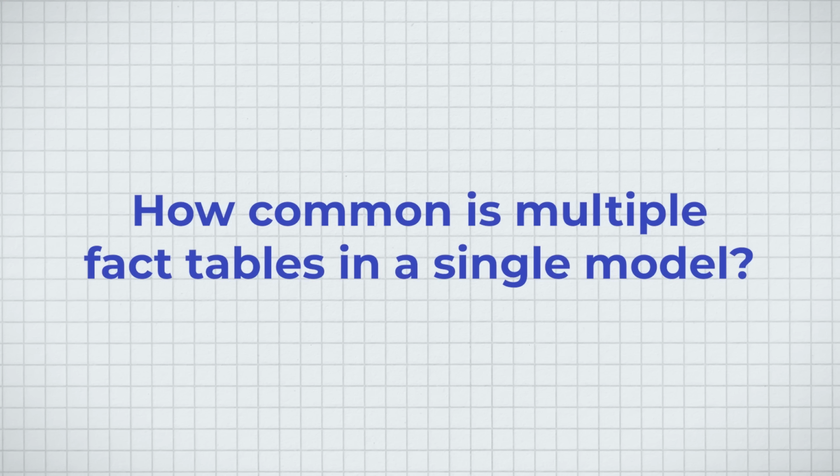When we're talking about Power BI, how often is it that you would see multiple fact tables in a single model? That's a really good question. I love this question, Mitchell. The big thing about it is not so much how often you see it, it's a matter of time before it's going to happen.